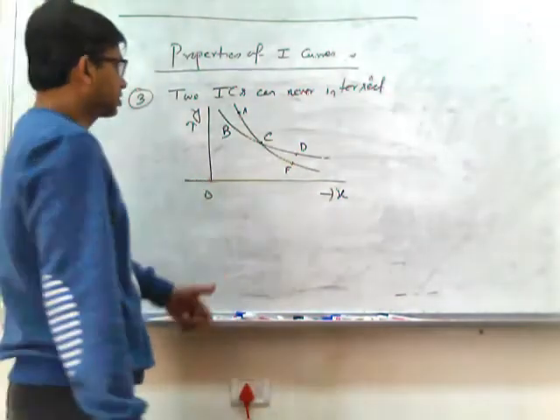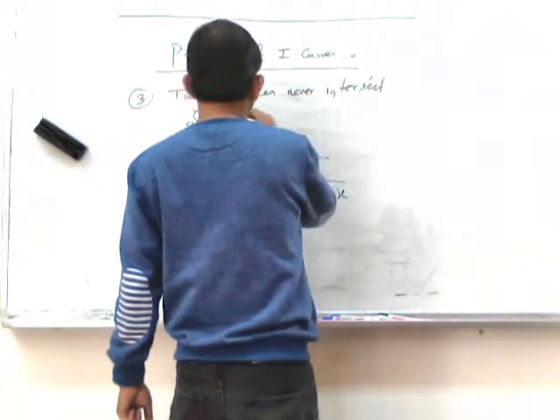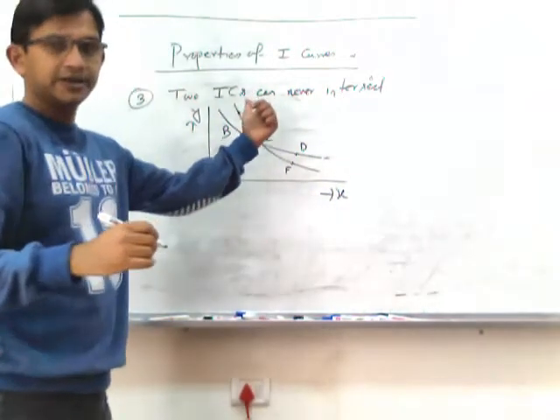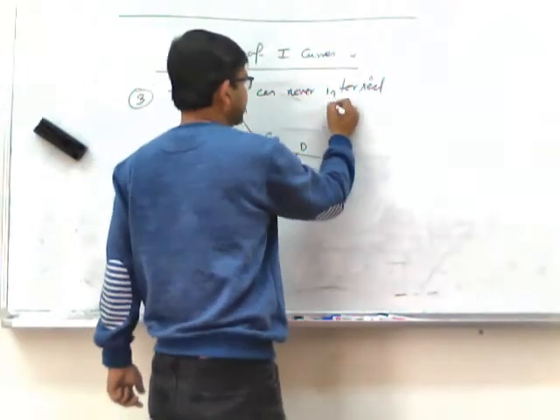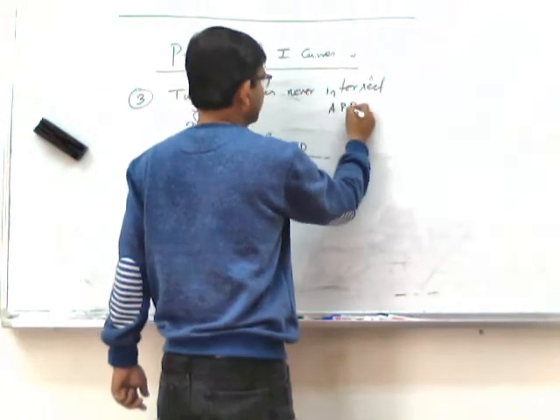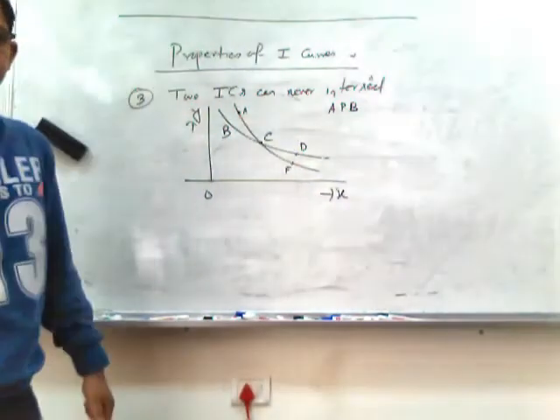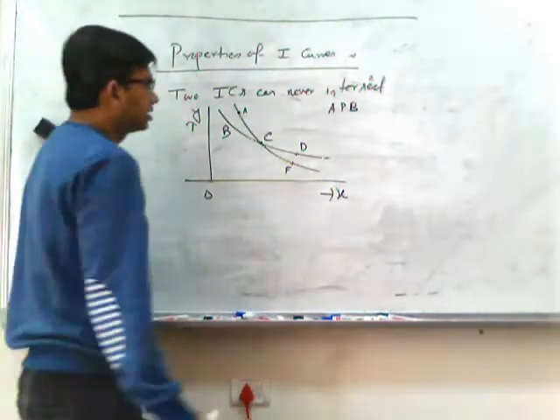If we compare A and B, A is on the higher indifference curve, so we can write A is preferred to B. This is one statement.